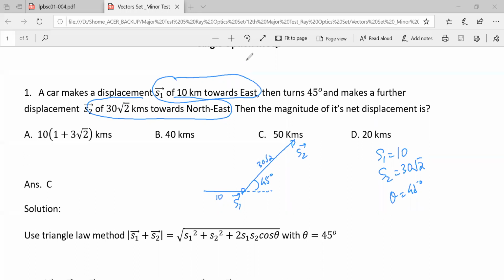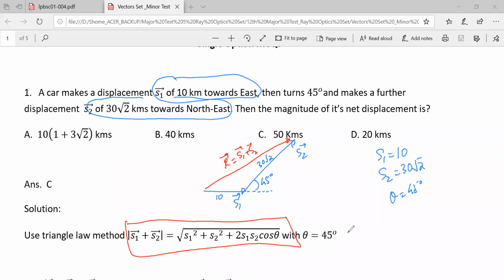Now you have to find this thing. This is the resultant of S1 plus S2. So for that you can use this formula now. Okay, so just substitute that here. It will become like this.